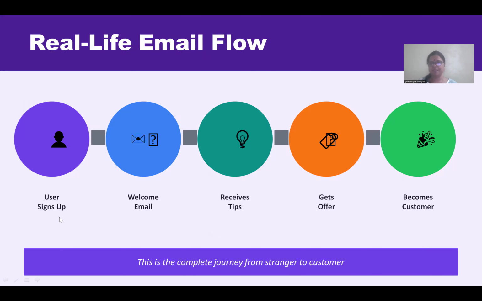Real-life email flow. The user signs up, and somehow we get the email. Immediately we send a welcome email. Then he starts receiving tips. Then he gets offer emails. And later he will become the customer. This is the complete journey from stranger to customer.